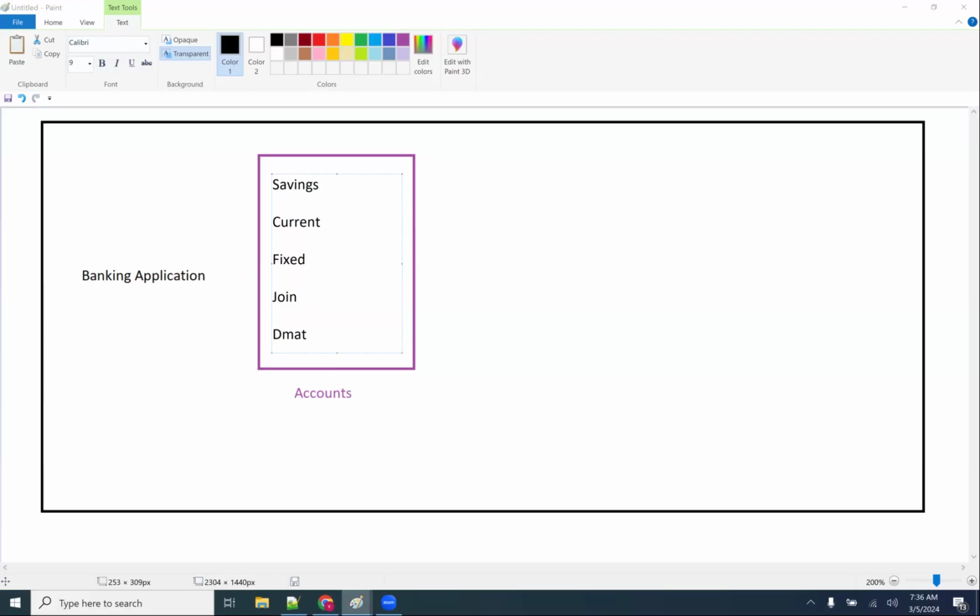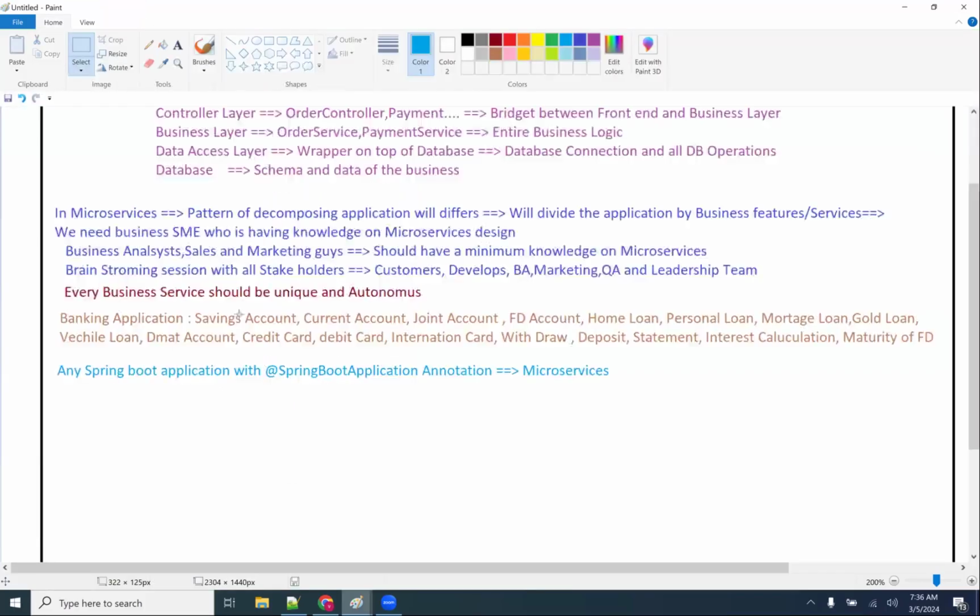The main principle is every business service should be unique. When I have 100 services, I cannot expect all 100 to be different. Definitely there should be some relation from one service to another service. How can I get the list first?